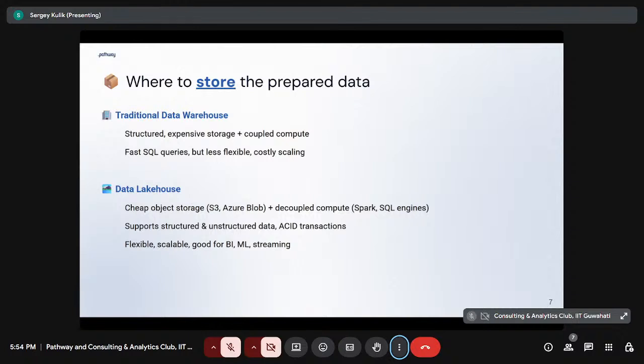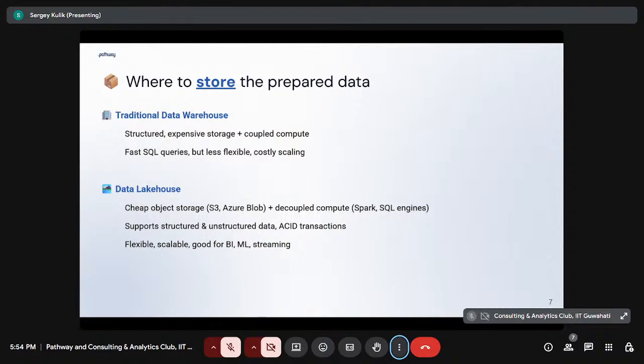So we place the data somewhere, and we cannot decide that we store data in one place and use the compute from another place by our choice. Our storage and our compute are tightly coupled.